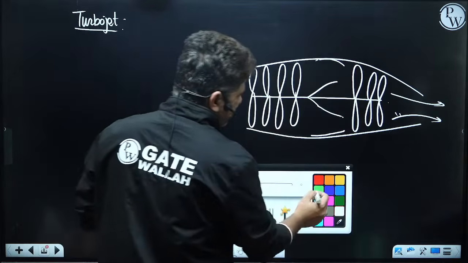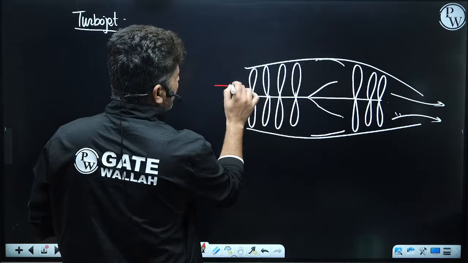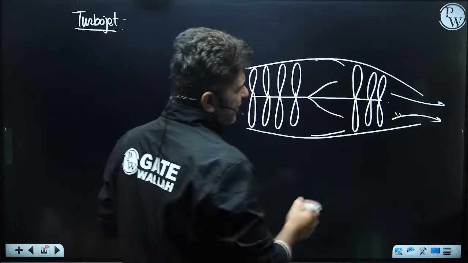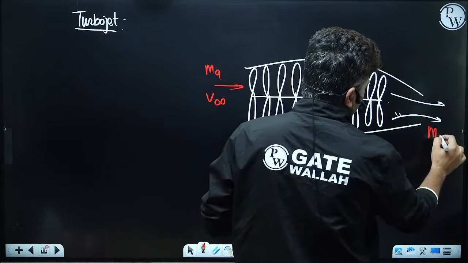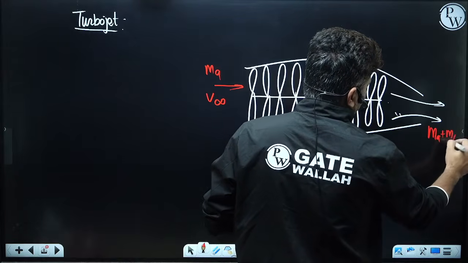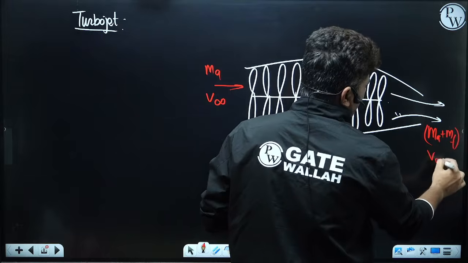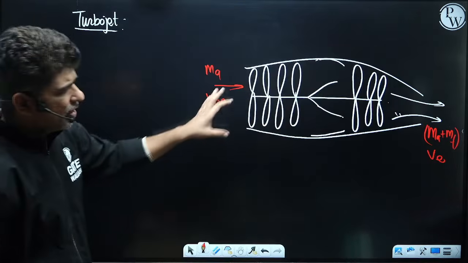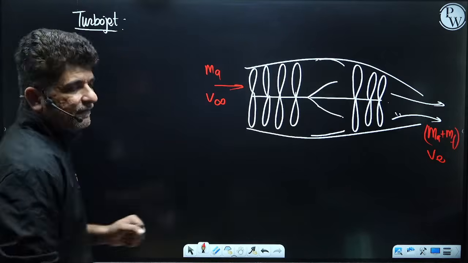So in a turbojet engine, there will be a mass flow rate of air coming in at velocity v infinity. There will be a mass flow rate of air plus m dot f going out at velocity ve. This is the thrust equation that we have developed.